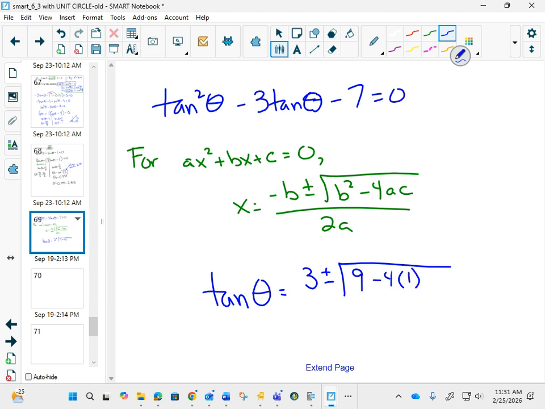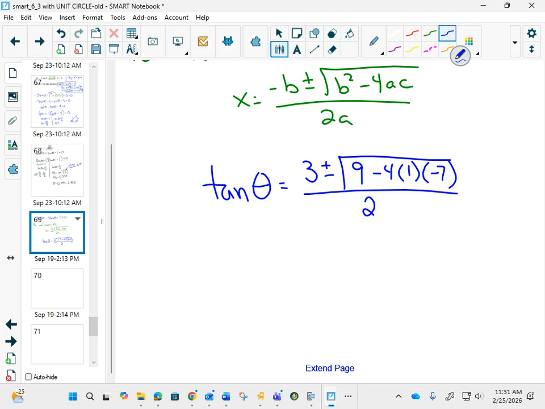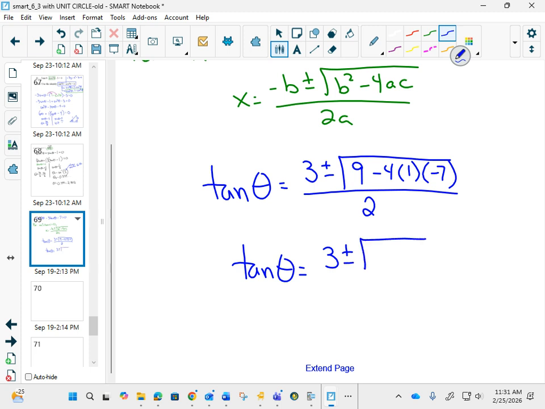A 1. Times the c value, which is a negative 7, over 2 times 1, which will just be 2 on the bottom. I'm going to simplify the inside of that square root. Tan theta equals 3 plus or minus square root of 7 times 4 would be 28. 28 plus 9 is 37. Okay.